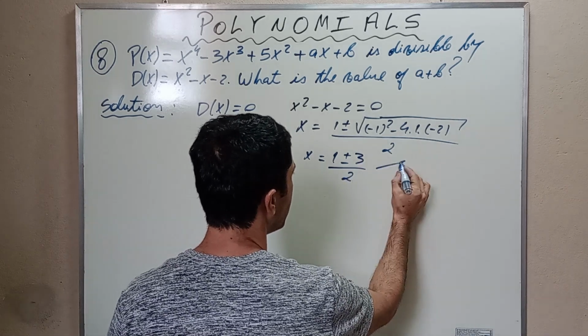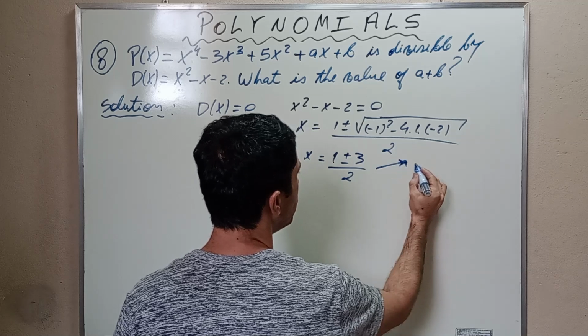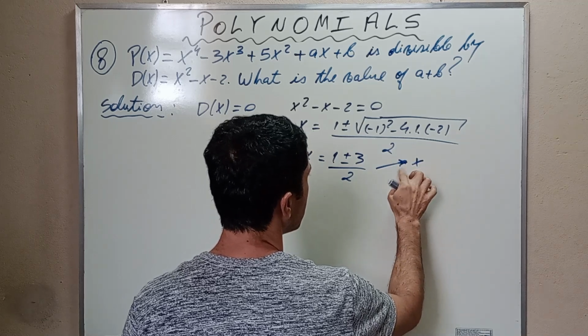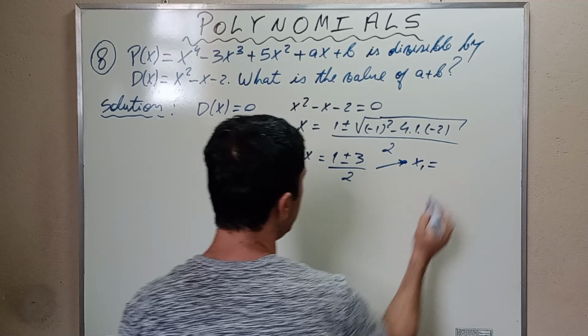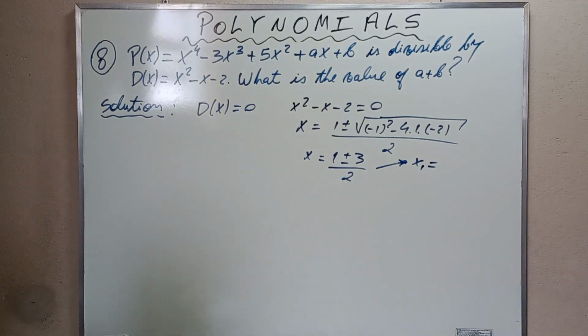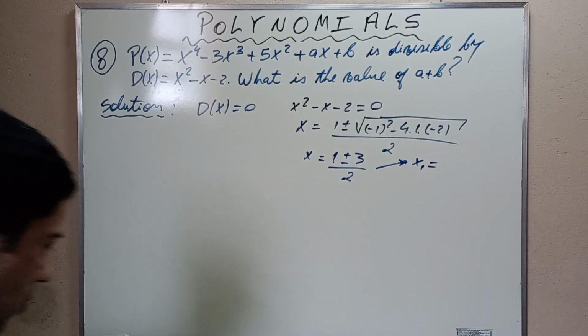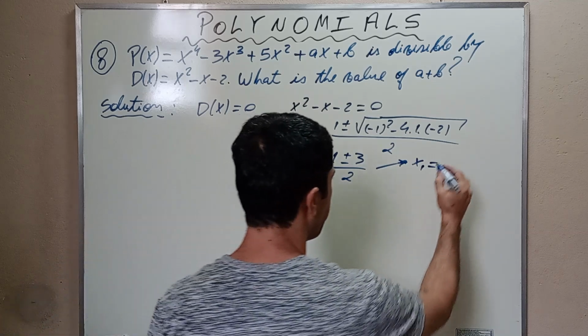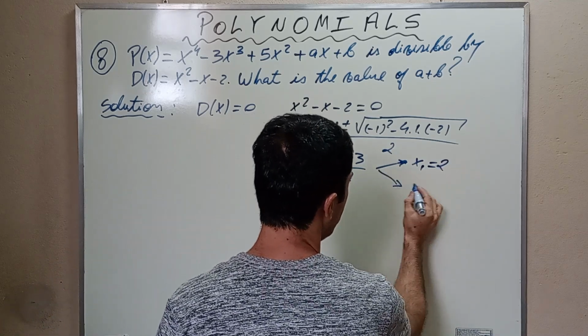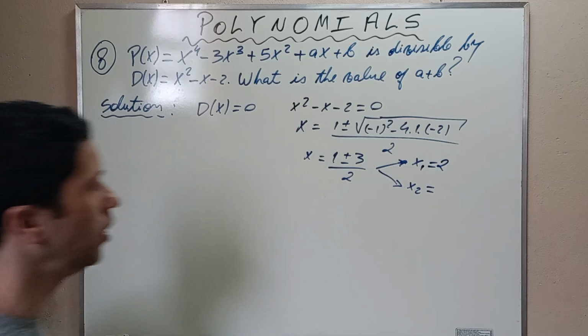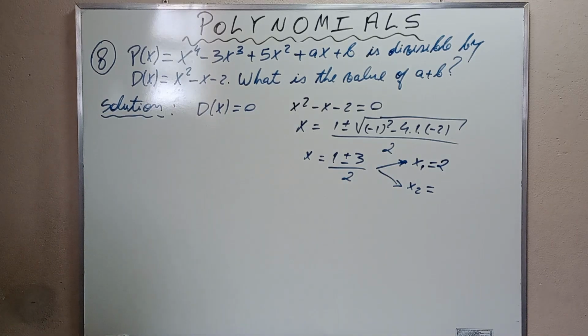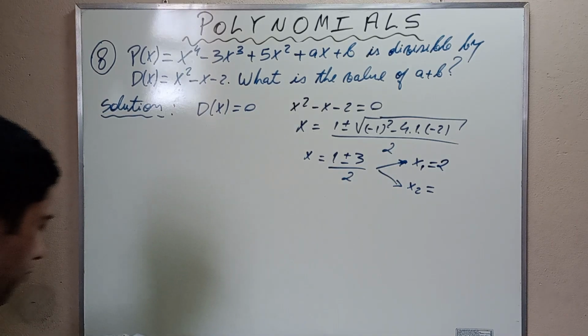Over 2. The first root is x1 equal to 1 plus 3 is 4 divided by 2, it is equal to 2. The second root, x2, 1 minus 3 is negative 2 divided by 2, negative 1.